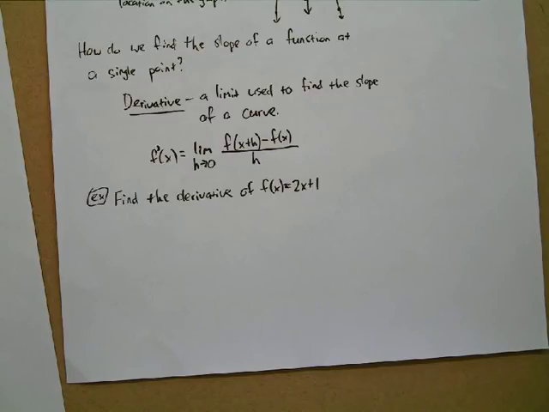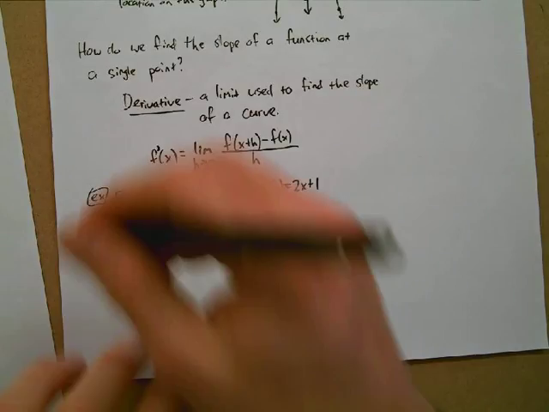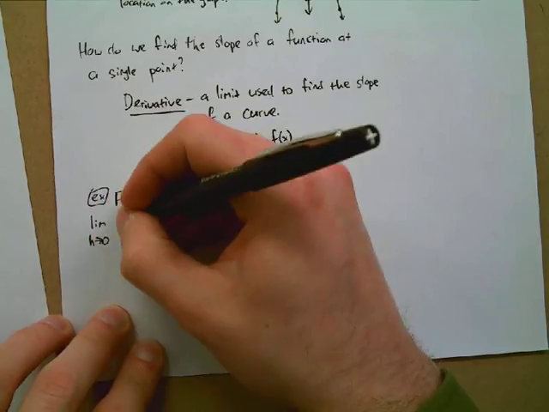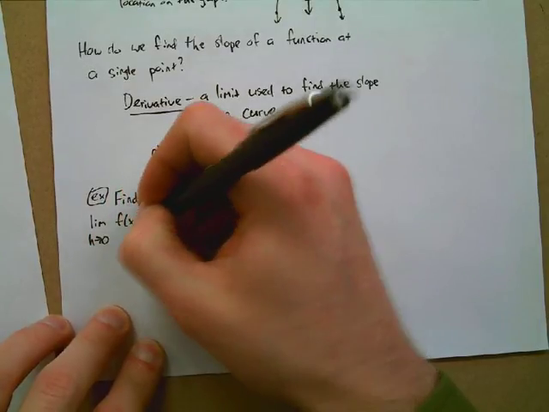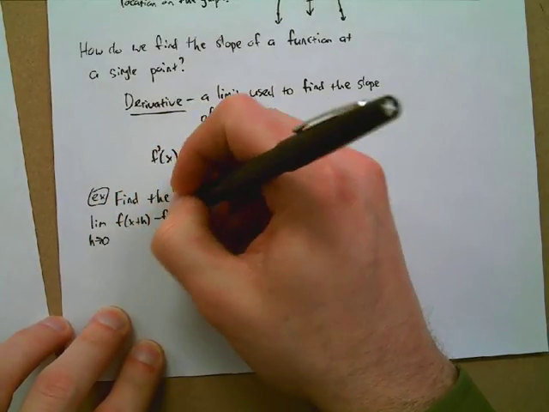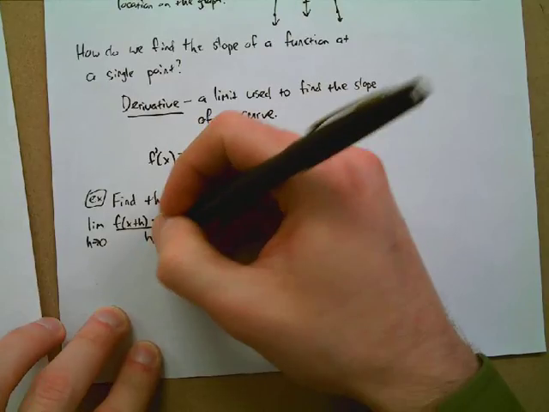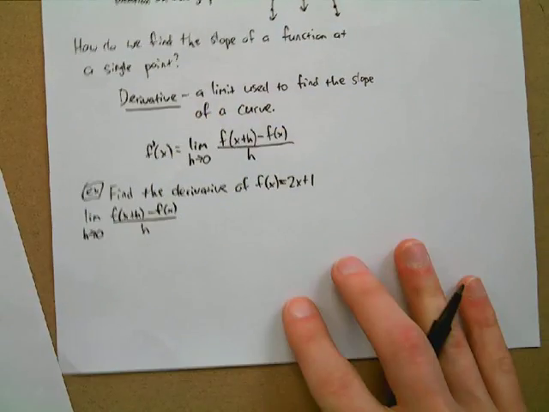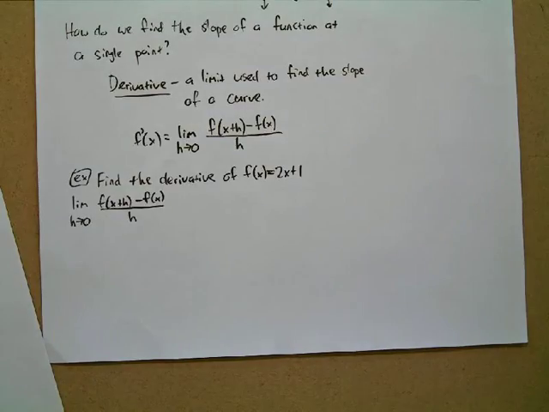So we'll take the limit as h approaches 0 of f of x plus h minus f of x all over h. Again, this thing can be kind of a pain to fill in, but if we take it in pieces, it makes it a little more palatable. We already know what f of x is.